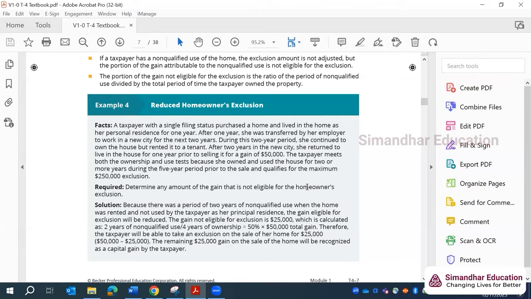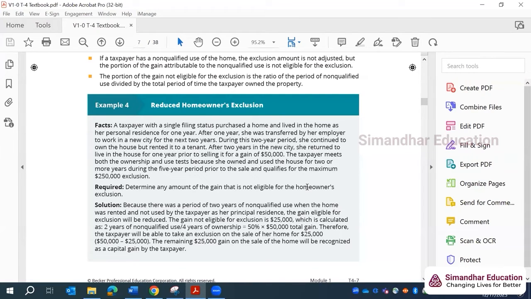After 2 years in the new city, she returned to live in the house for 1 year prior to selling it for a gain of $50,000. The taxpayer meets both the ownership and the use test because she owned and used the property for 2 years or more during the 5-year period prior to sale and qualifies for a maximum exclusion of $250,000.